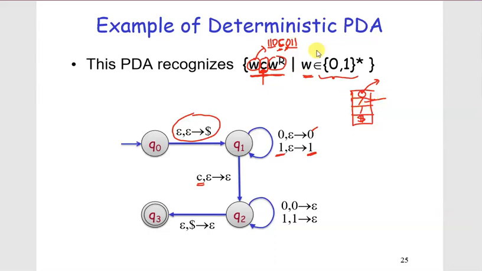We read the last 1, we pop 1. At last, in the stack there is only the dollar sign, there is no more alphabet, and the top of the stack is the dollar sign, and then we will go to the accept state.